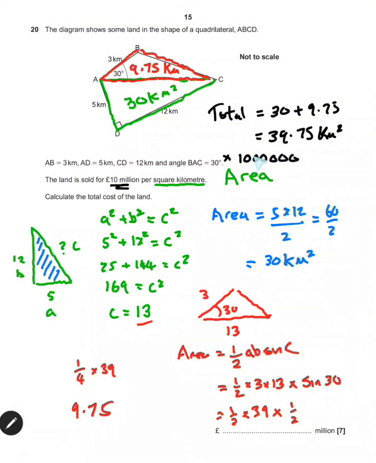For every one of these zeros, this decimal point is going to move 1 to the right. So 39.75 times 10 million will be 39.75, times 10 once, twice, 3, 4, 5, 6. That is your final answer.